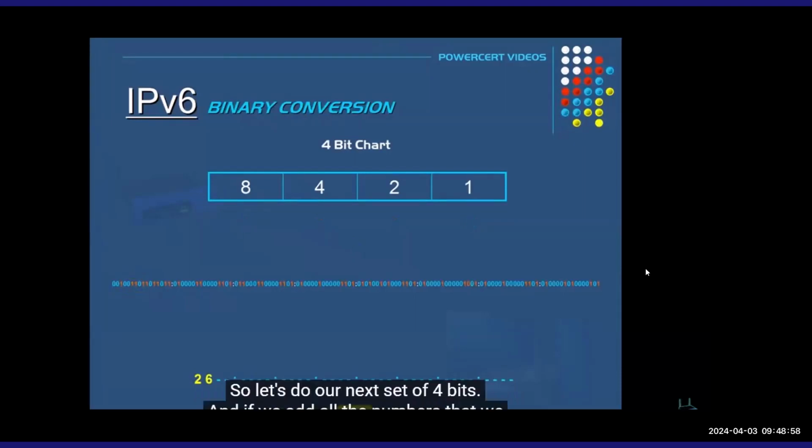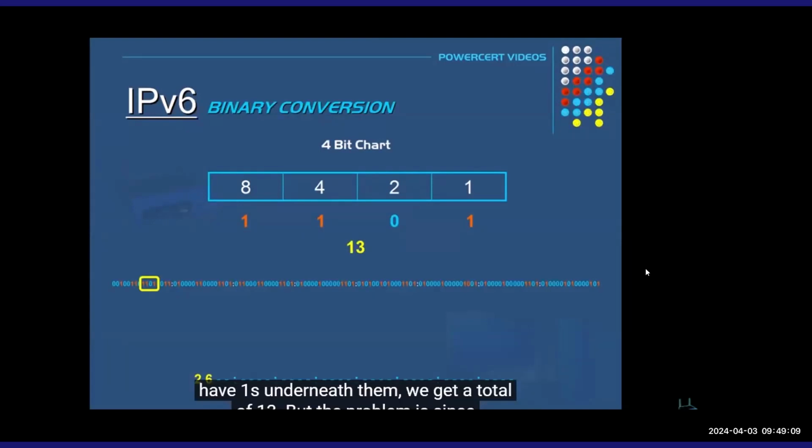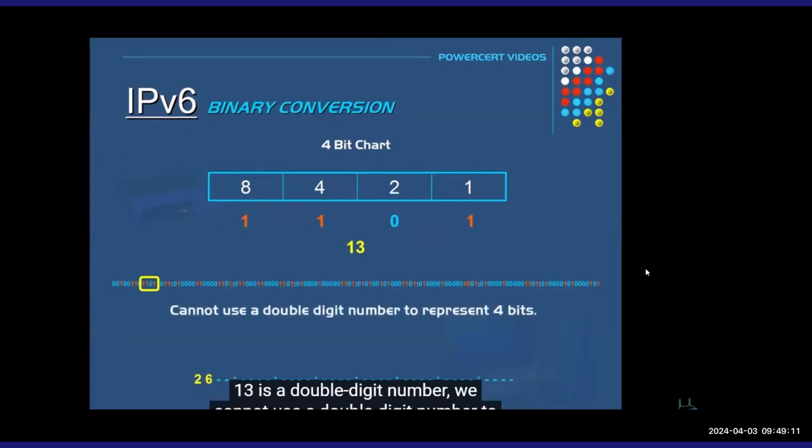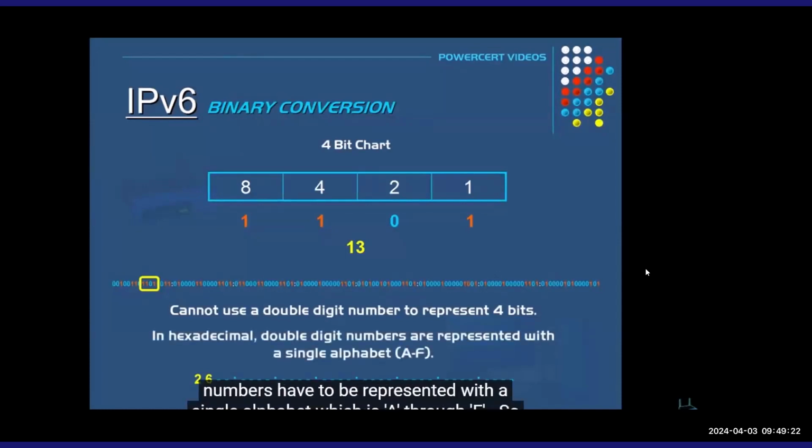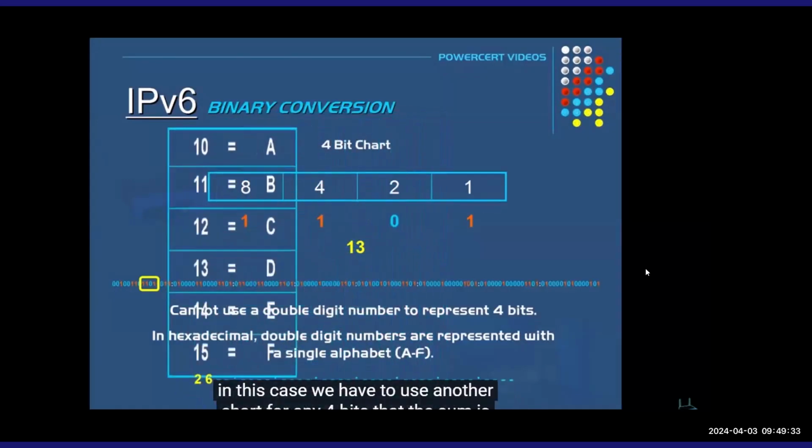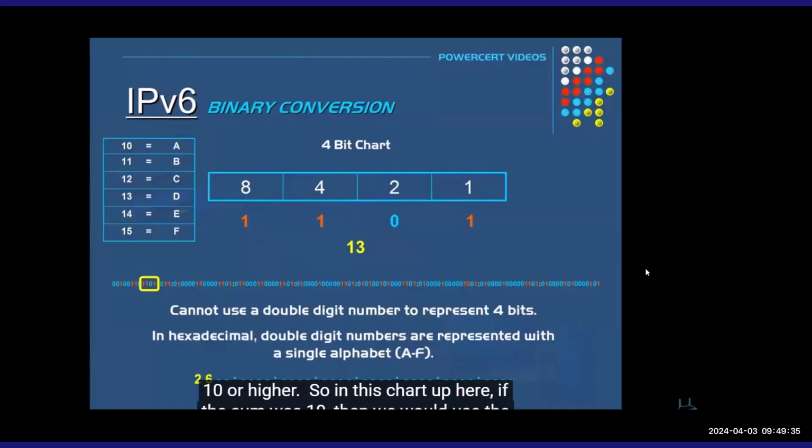So let's do our next set of 4 bits. And if we add all the numbers that we have ones underneath them, we get a total of 13. But the problem is, since 13 is a double-digit number, we cannot use a double-digit number to represent 4 bits. And that's because in a hexadecimal format, double-digit numbers have to be represented with a single alphabet, which is A through F. So in this case, we have to use another chart for any 4 bits that the sum is 10 or higher.